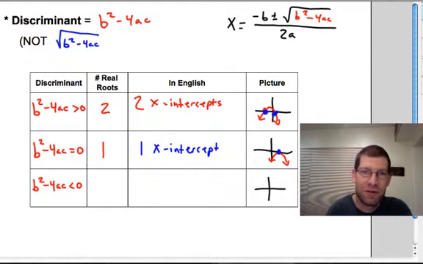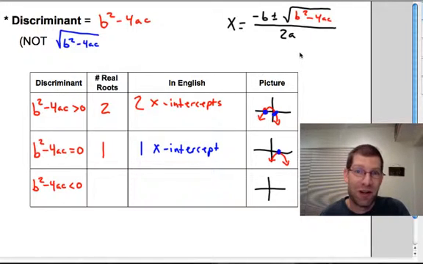And last solution, if b squared minus 4ac is a negative number, if it's less than 0, now once we do the square root of a negative, we're back to an imaginary number. So we'll have a real number plus an imaginary number divided by a number. It's kind of like when you divide, we'd say, negative b over 2a is the real part.